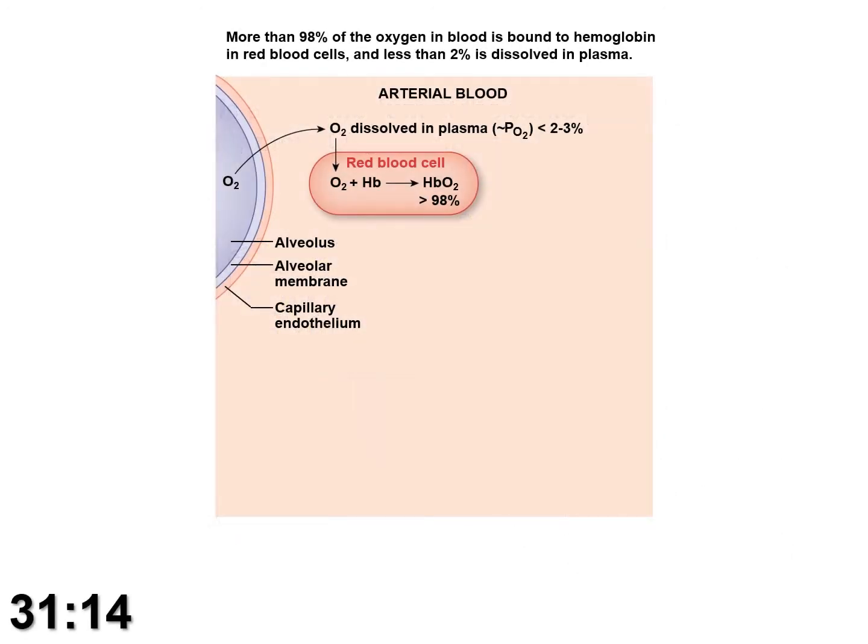Given that the vast majority of complex multicellular organisms have a metabolic rate that is too high to be sustained by the pure solubility of oxygen, evolution has provided us a workaround.